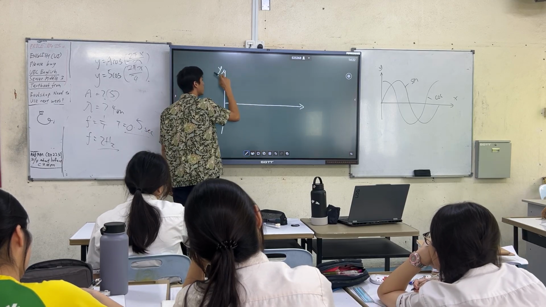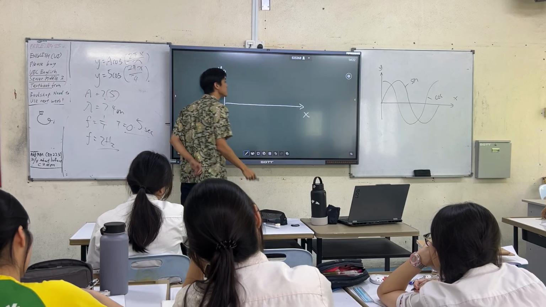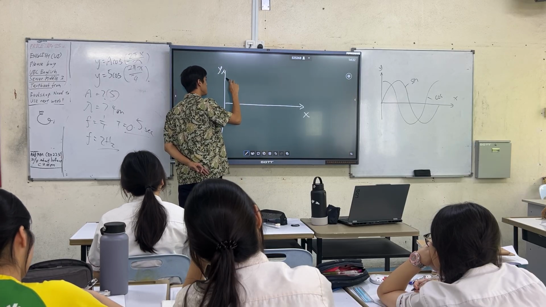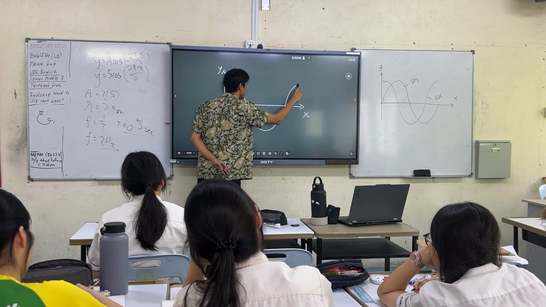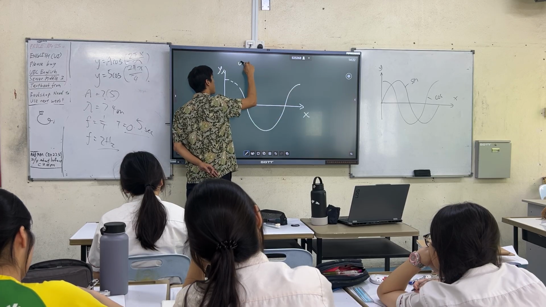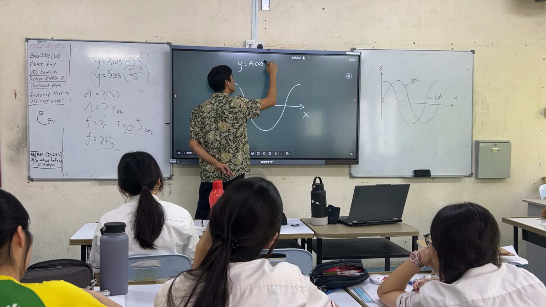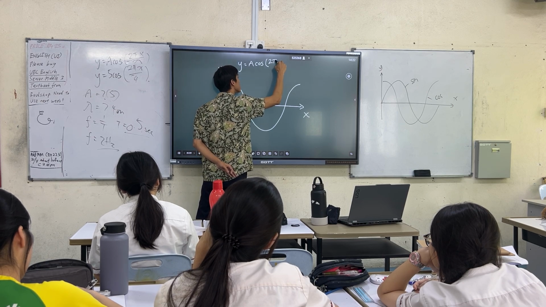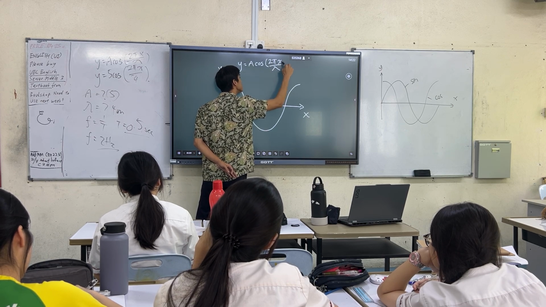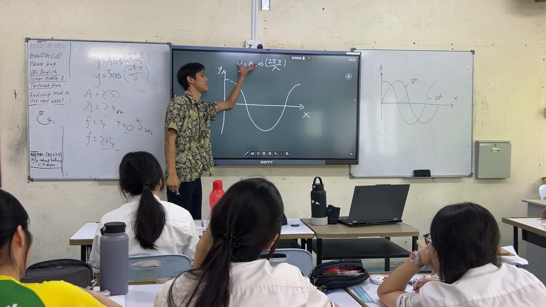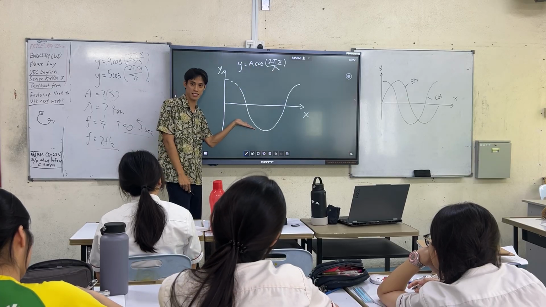This is y, this is x. If this graph looks like this, I can say this is y equals A cos 2 pi x over lambda. Very simple. So this wave equation looks like this.